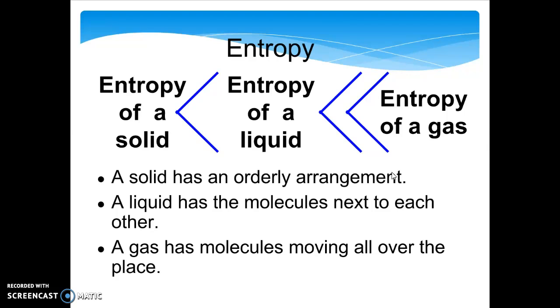Then you get to a gas, where it's complete chaos, moving everywhere, so there's a lot of randomness and disorder. So a gas has a lot of entropy, and a solid has very low entropy.